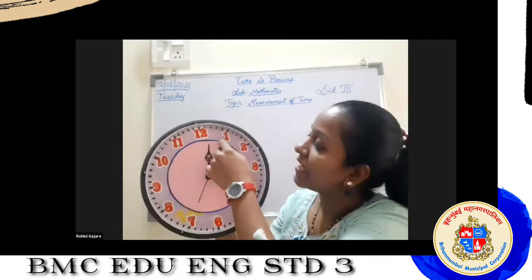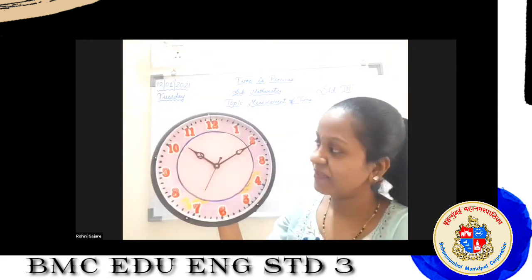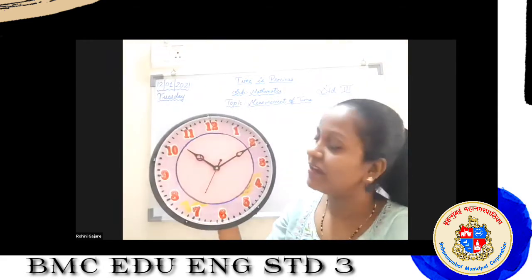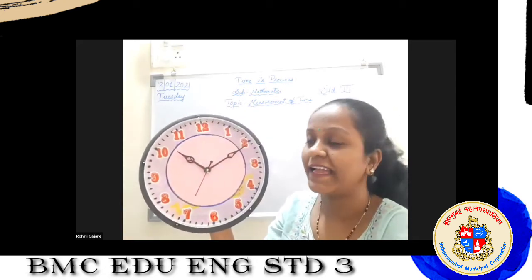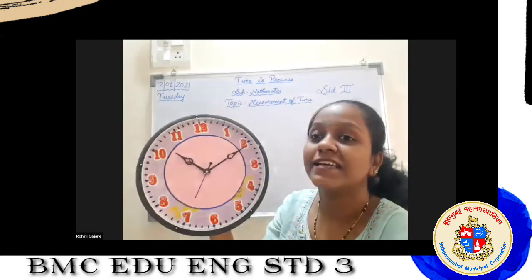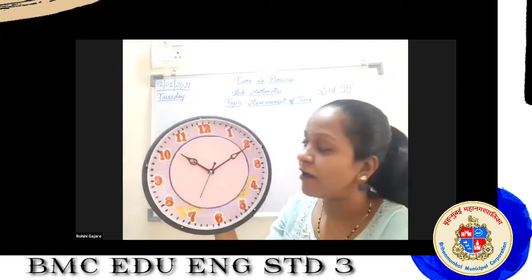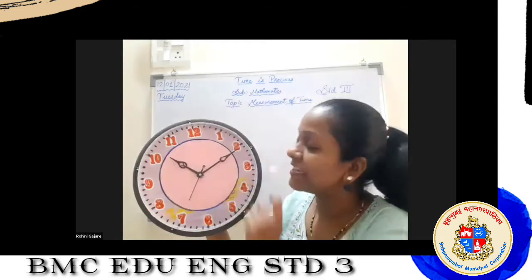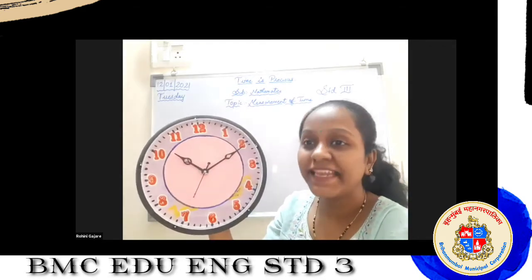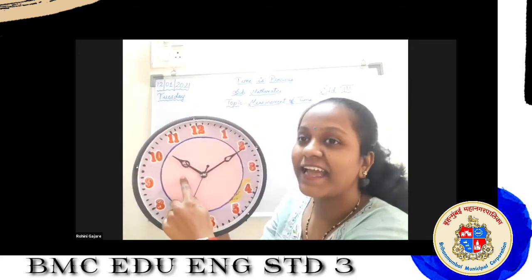Okay, now there are two hands. One is the short hand and the other is the long hand. The short hand, yes, good Aditi. The short hand is called the hour hand.